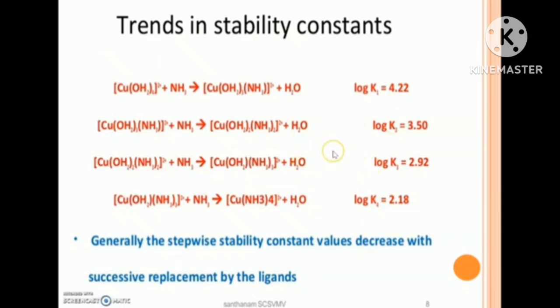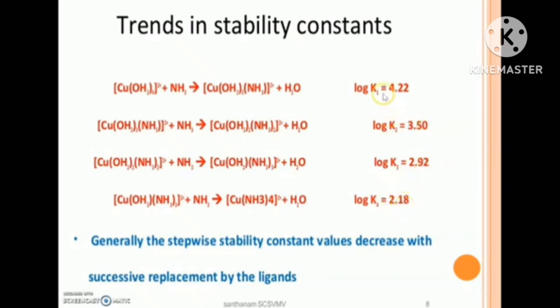From this example, we can see that the stepwise stability constant value decreases from top to bottom. In the first step the stability constant is 4.22, in the next step it decreases to 3.50, in the third step it decreases to 2.92, and in the last step the value is 2.18.